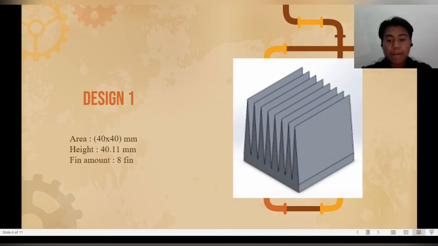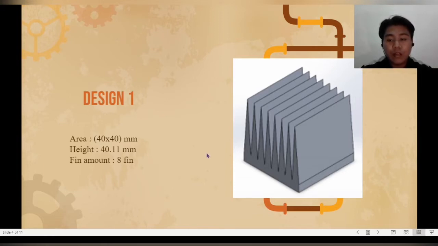From this side, we design the surface starting from a triangle, and we use a surface area of 40 times 40 mm, and the dimension of the fin height is 40.11 mm, and from this design we are able to fit 8 fins inside this 40 times 40 mm.